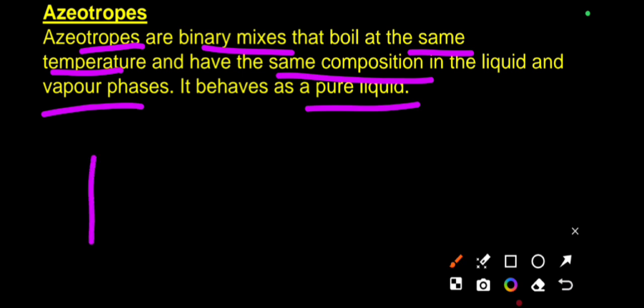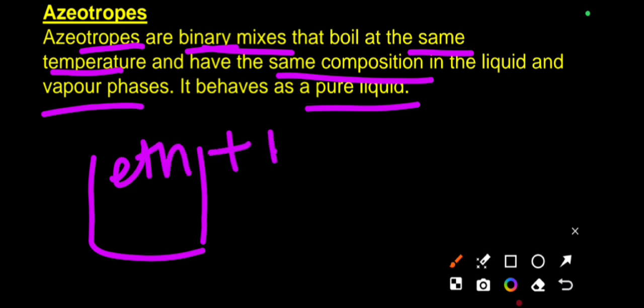Okay. Suppose we have taken two components, because it behaves as a binary mixture, ethanol and water. As we all know very well, boiling point acts as a fingerprint of the compound. What does it mean here? Just like a fingerprint of a human being, it does not match with another.